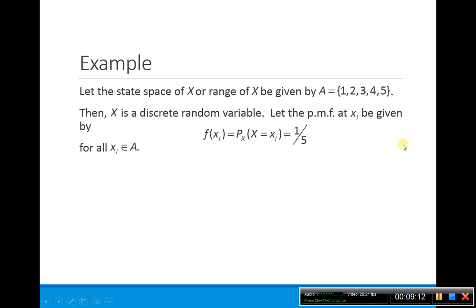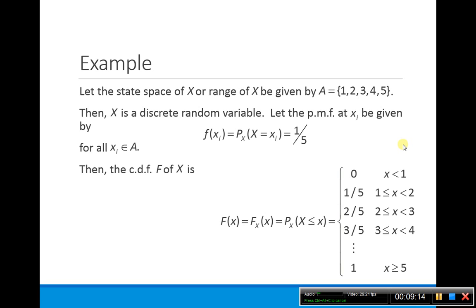Okay, so now what is our c.d.f? Our c.d.f is the probability that our value is less than or equal to little x. So if little x is less than 1, what is the probability that we're less than 1? Well, it's 0.